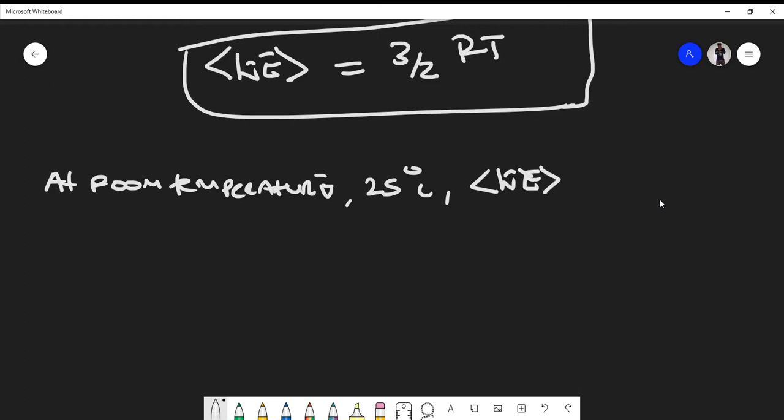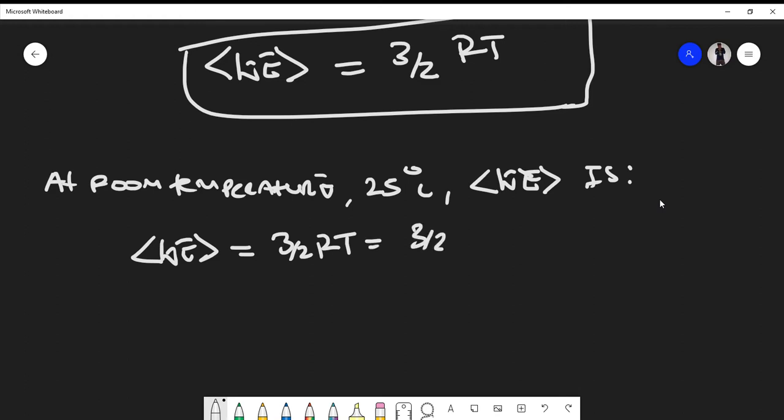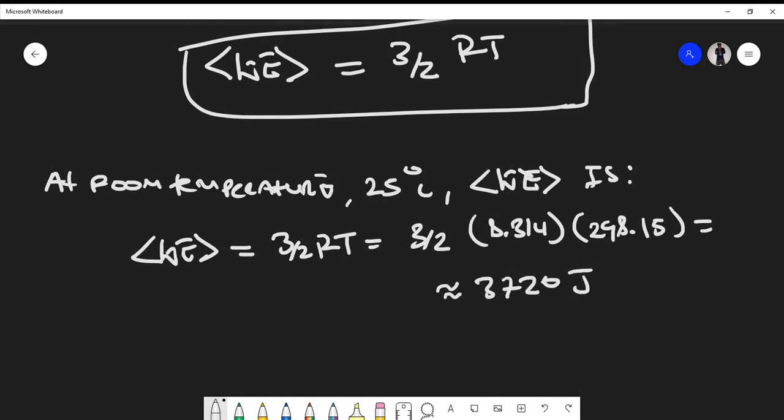The average KE is equal to 3/2 RT, which is 3/2 times R, which in this case is 8.314, the ideal gas constant, times 298.15 kelvins. That's equal to approximately 3,720 joules, which is approximately 4 kilojoules per mole.